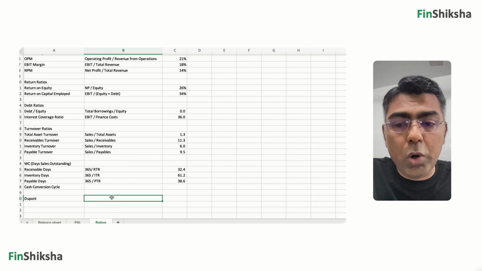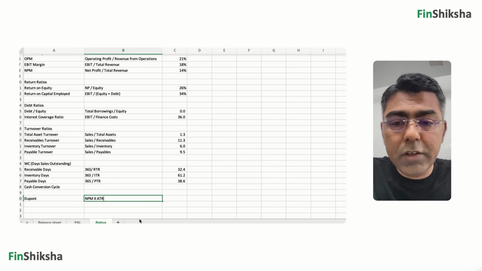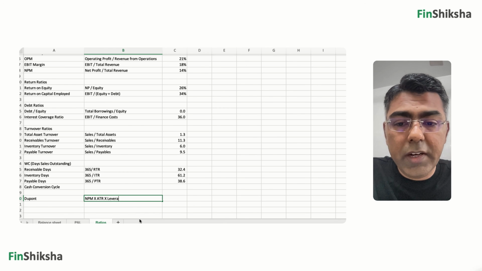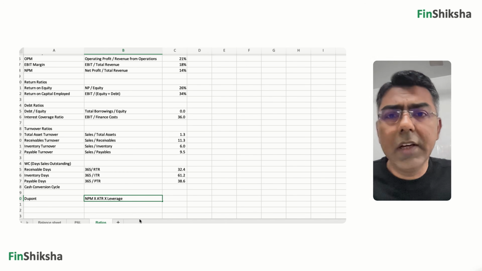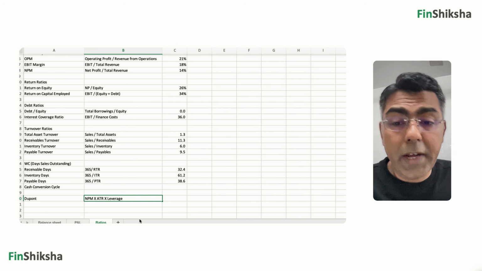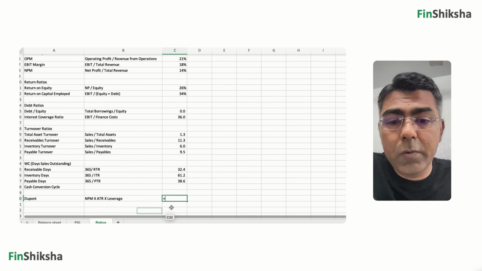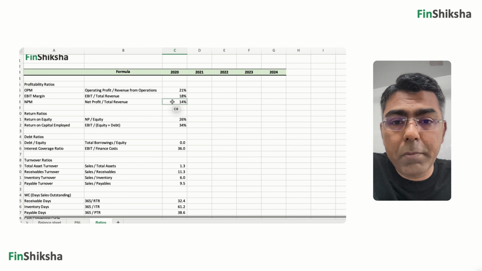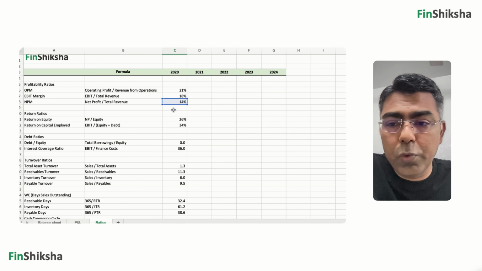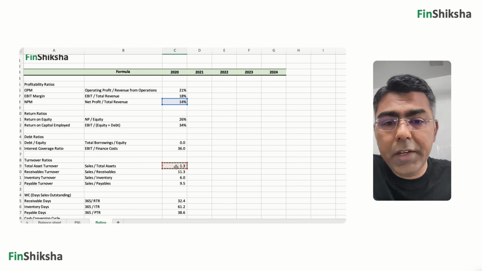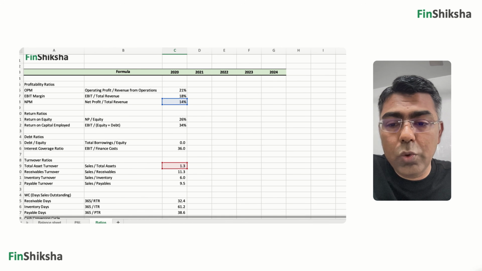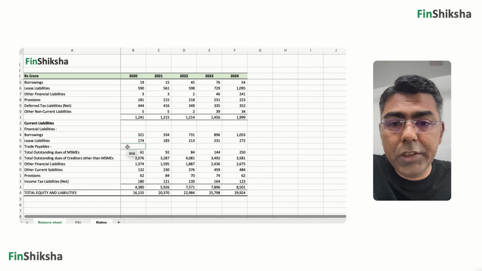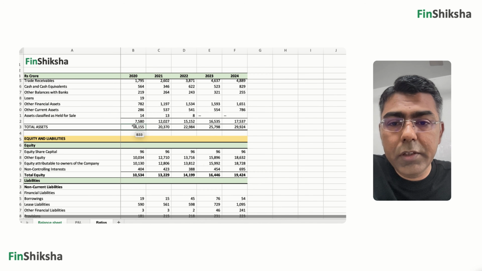And remember, DuPont is nothing but NPM into asset turnover ratio into leverage factor, which is basically assets upon equity. So if I were to take the net profit margin, let's see if this works, into total asset turnover into, I need to now put a bracket and say total assets on the balance sheet, which is here, divided by equity.